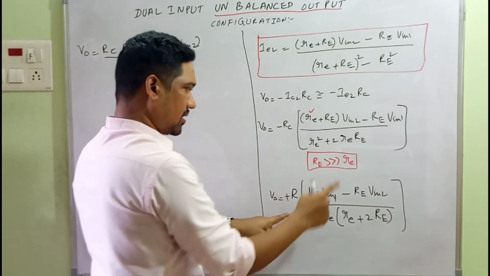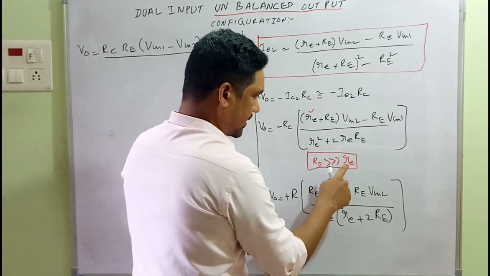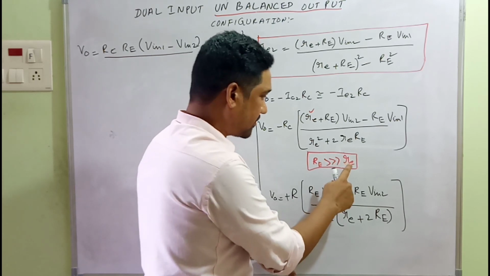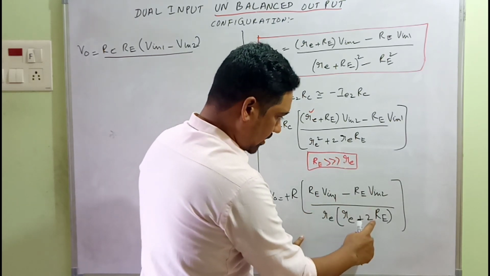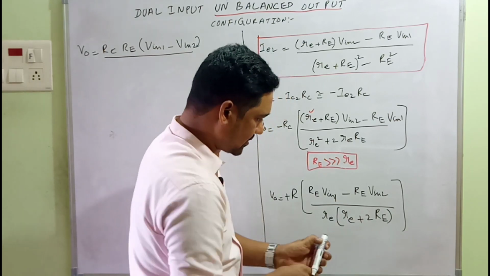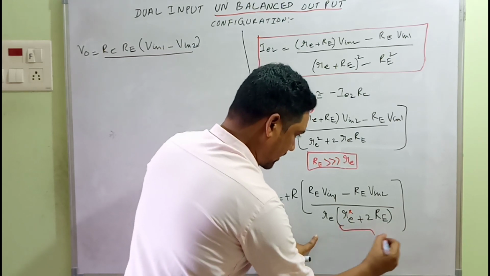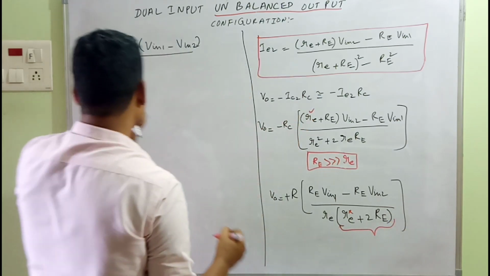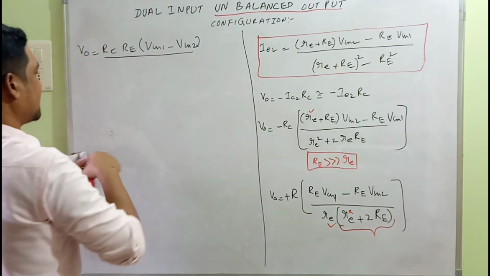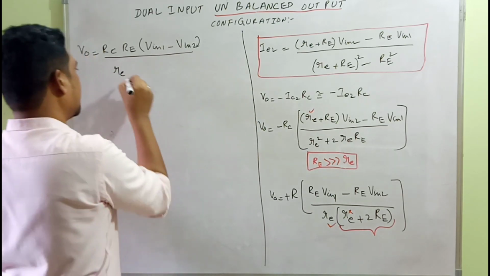Still making use of this reality, if RE is very much larger than this dynamic resistance, this will be even more larger than this. So this can be neglected in this term. From here, in this bracket, we can neglect RE. So that will lead us to the dynamic resistance of the emitter junction as it is, RE, which cannot be neglected in this expression.